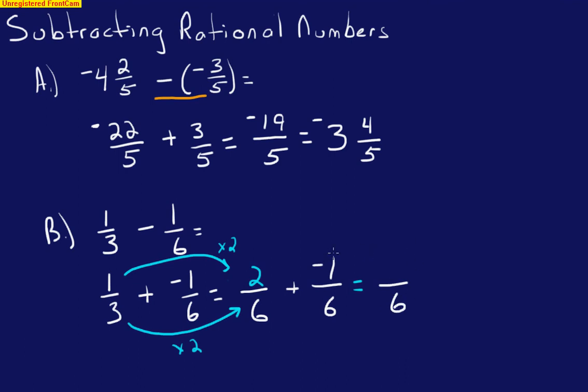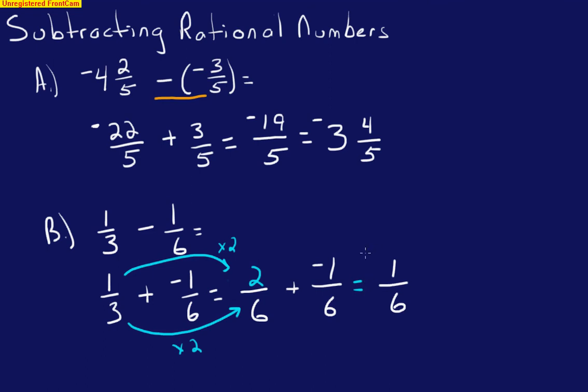We have a 1 and a 2, and that one's negative, so even though, again, it says to add, we're going to subtract because one's negative and one's positive. So 2 minus 1 is just 1, and we keep the sign of the larger number. The 2 is bigger and it's positive, so we leave that 1/6 as a positive.